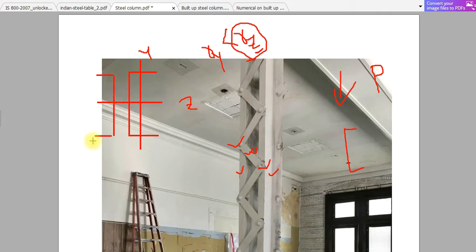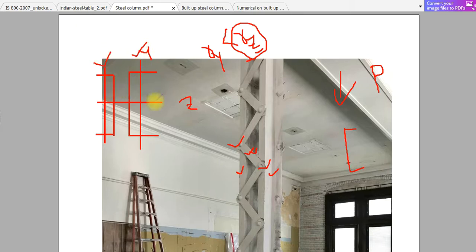is passing through the CG of these channel sections, it is symmetric about this z-axis, so it will be the same, right? But for the second section, the CG line is this. For this left hand side section, the center of gravity line about this y-axis is this one, and for the right side section, this is this one.